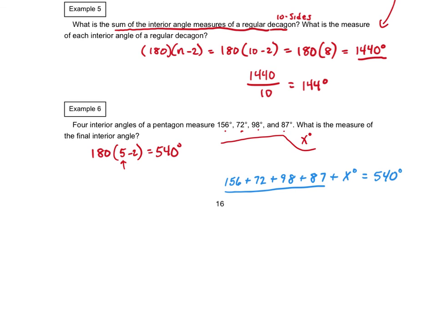So when we combine like terms, we have 413 plus x is equal to 540. Subtract 413 from both sides, and x is going to be equal to 127. So that missing angle measurement is going to be 127 degrees.